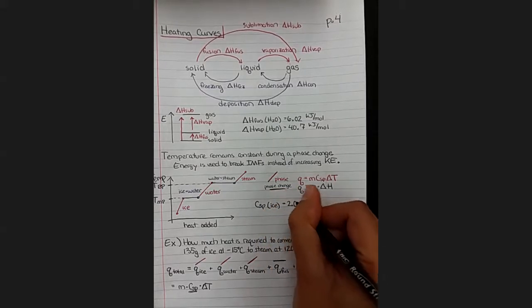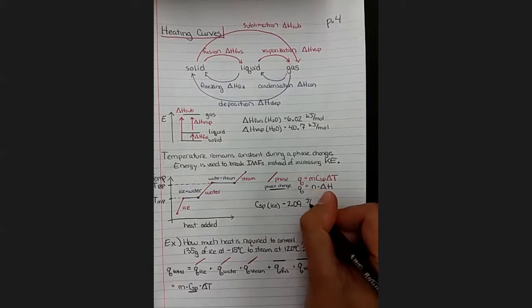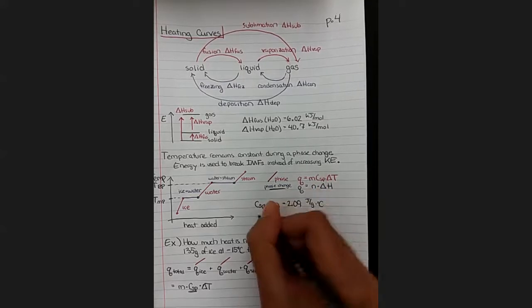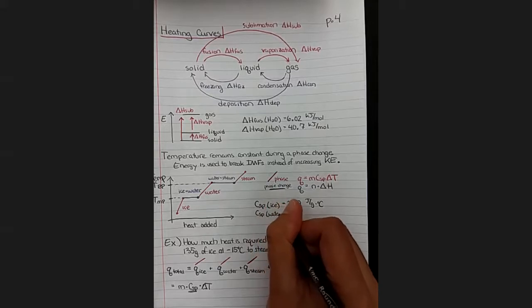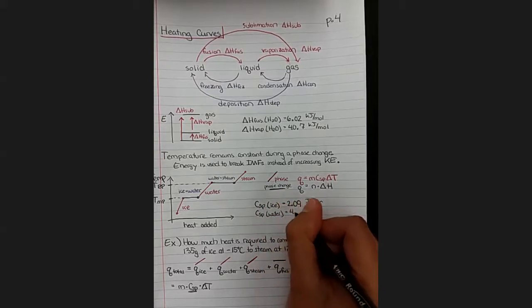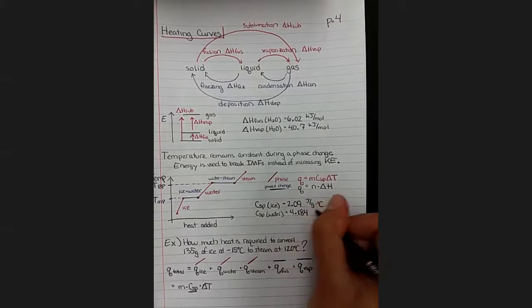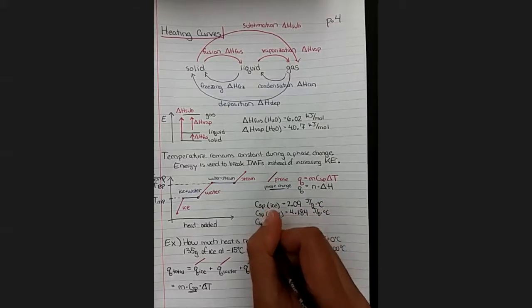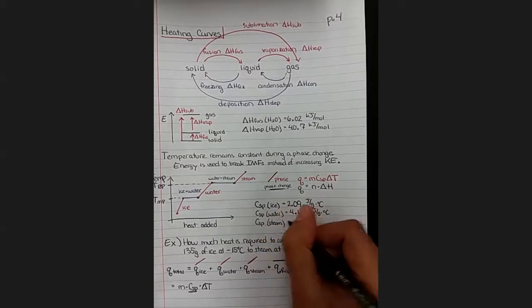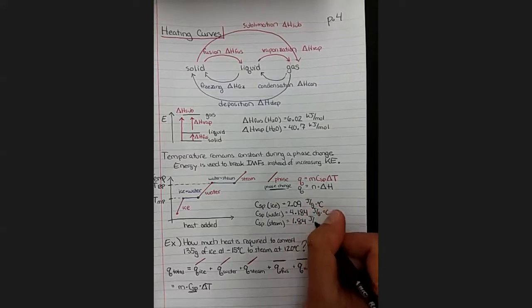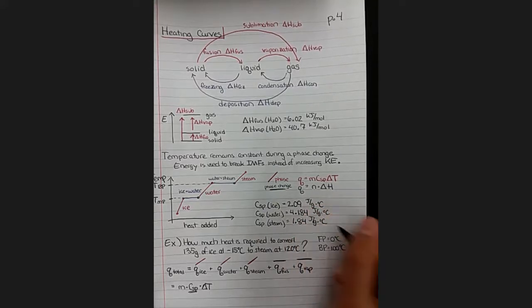For solid ice, the specific heat is 2.09 joules per gram per degree Celsius. For liquid water, it's our favorite number, 4.184 joules per gram per degree Celsius. And for steam, gaseous water, it's going to be 1.84.